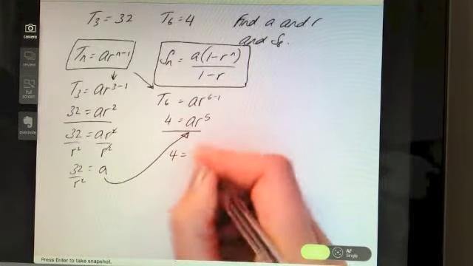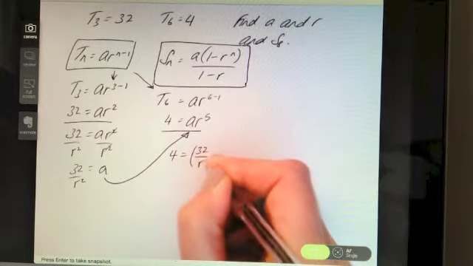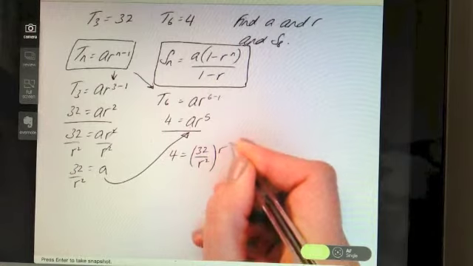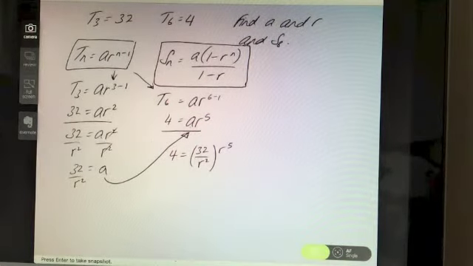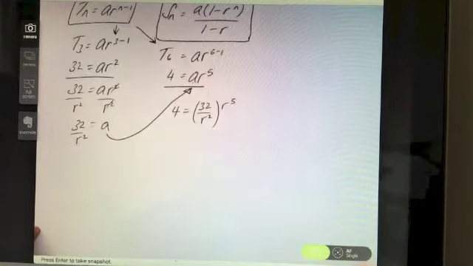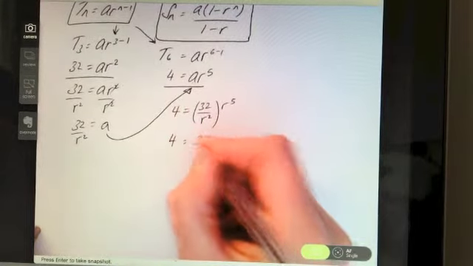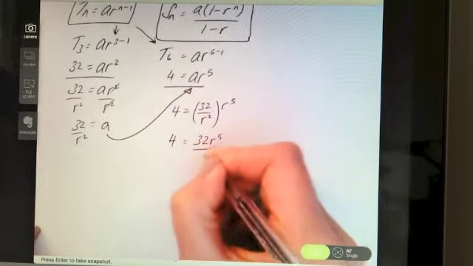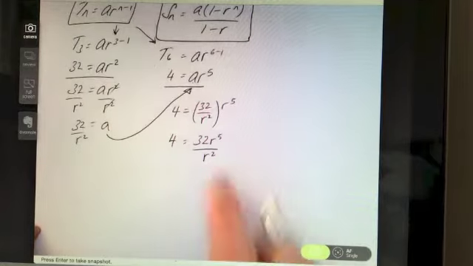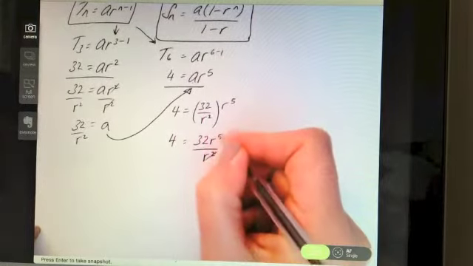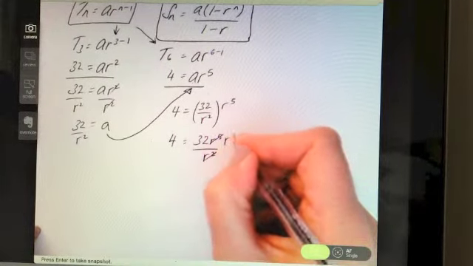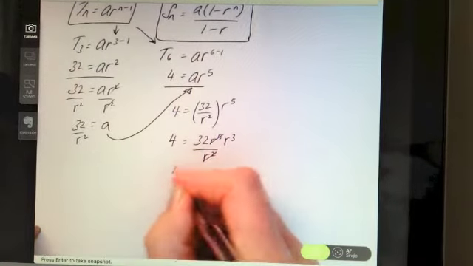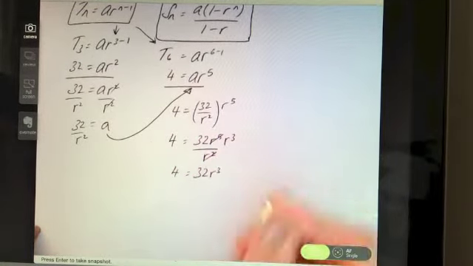I'm going to take that and sub it in to here. So instead of the a here, I'm going to sub in 32 over r squared times r to the power of 5. Evaluating that a bit further, I get 4 is equal to 32 r to the power of 5 over r squared. Simplifying this, r squared divides into r to the power of 5 r cubed times, so I'm left with 4 is equal to 32 r cubed.